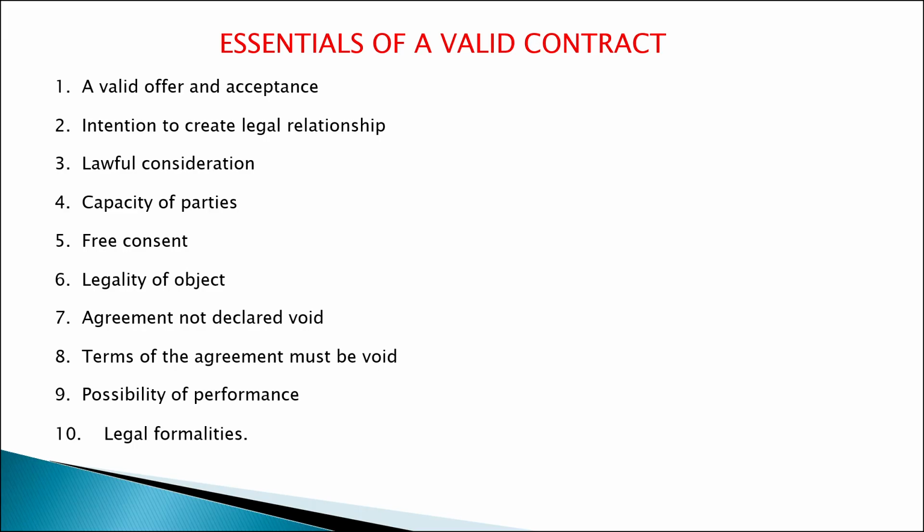Next one is possibility of performance. What is undertaken by the parties to an agreement must be such that it can be performed, and an agreement to do an impossible act cannot be enforced. For example, A agrees to prove that two parallel lines can meet if B pays him rupees 10,000.